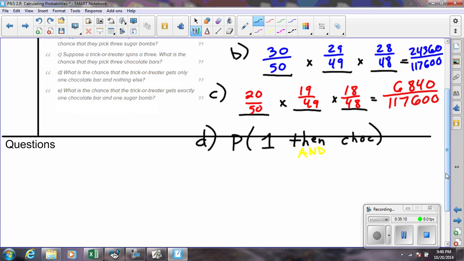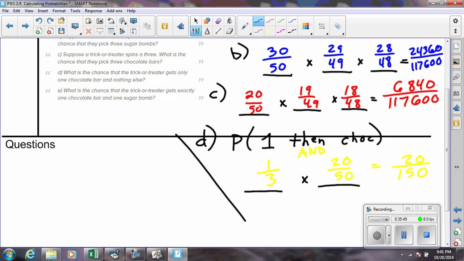Well, we're looking at two different things. What is the probability that they get a 1, followed by the probability that they get chocolate? Well, the probability that they get a 1 was 1 out of 3 on the spinner. The probability that they pick chocolate was 20 out of 50 pieces of candy. So when you multiply those, 1 times 20, 3 times 50, and we get our probability, although that probability does still need to be simplified.